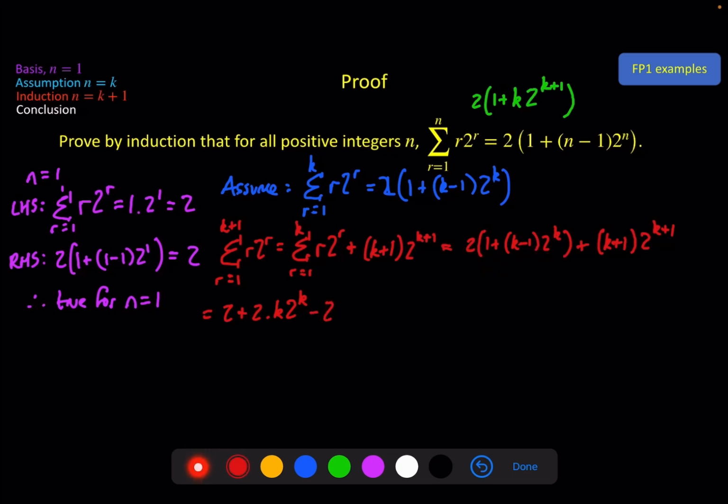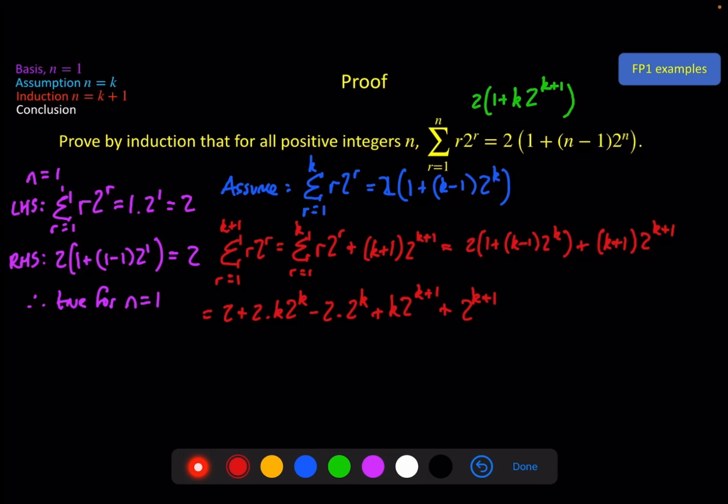So we've got minus 2 lots of 2 to the k. And then the other bracket, k lots of 2 to the k plus 1, and 1 times that, so that's just 2 to the k plus 1.